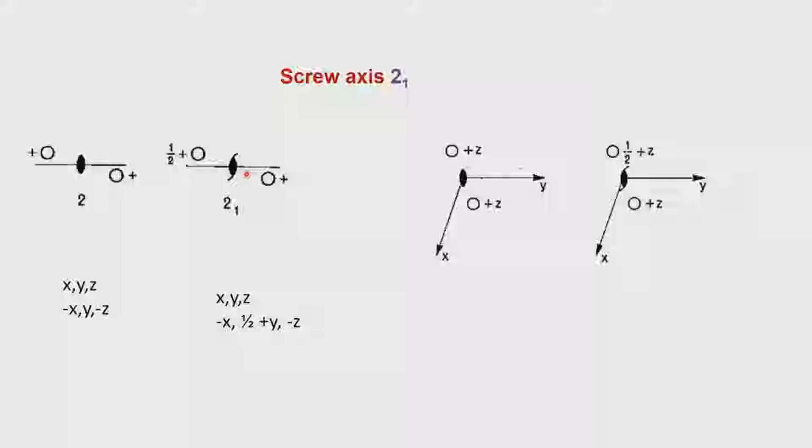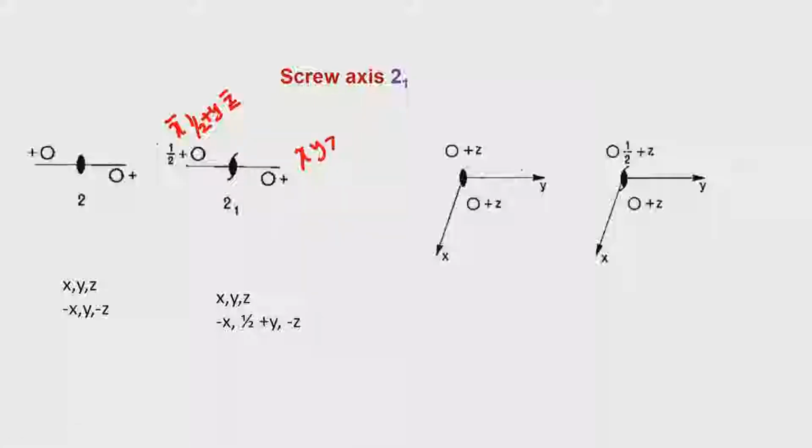So the equivalent points will be x, y, z, and x bar, half plus y, z bar.